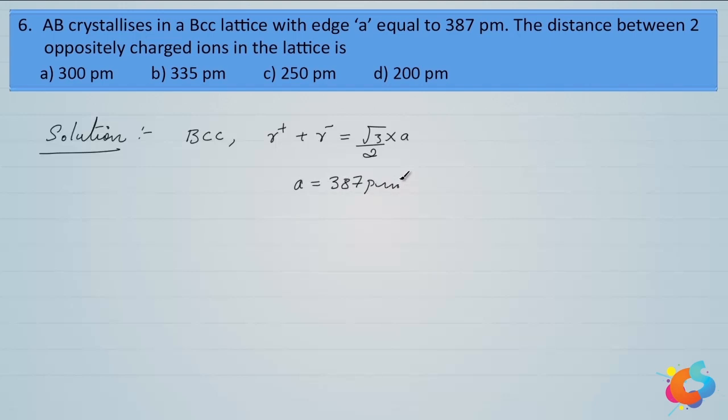By substituting the value of A in the main equation, we get the value of R plus plus R minus as root 3 into 387 divided by 2, which is equal to 335.15 picometer. And hence, the right option is option B.